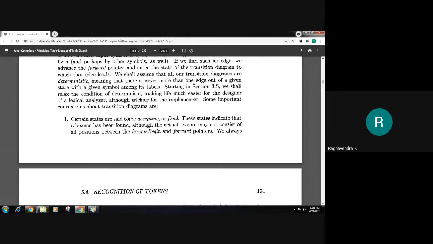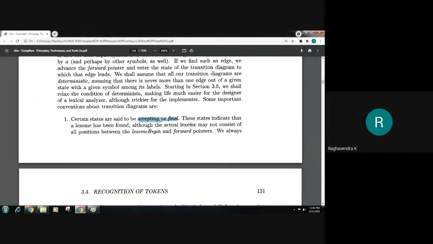Some states are accepting states or final states. As I already mentioned, we will have a start state and then an end state. End states are nothing but accepting or final states, which means that the transition is complete.